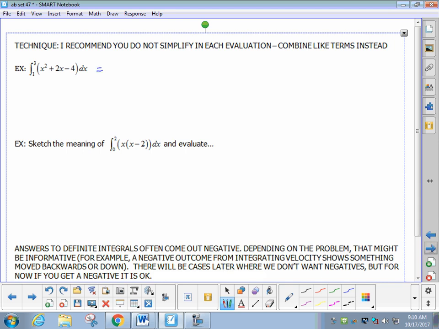What's the antiderivative here, my friend? 1/3 x cubed plus x squared minus 4x from 1 to 3. When you evaluate it, it would be something like 27/3 plus 9 minus 12 minus 1/3 plus 1 minus 4.